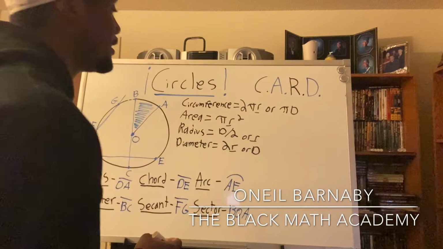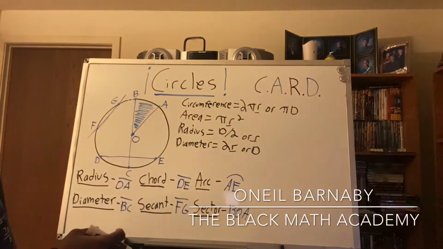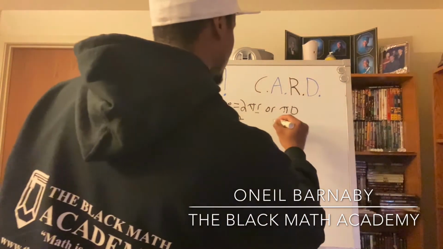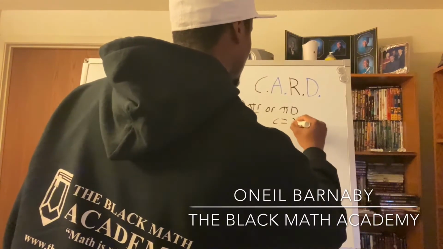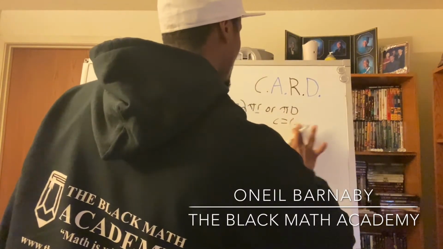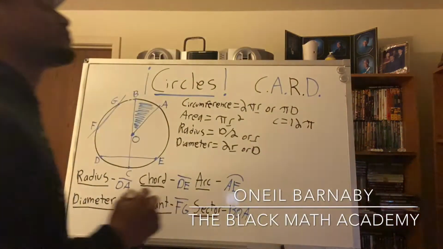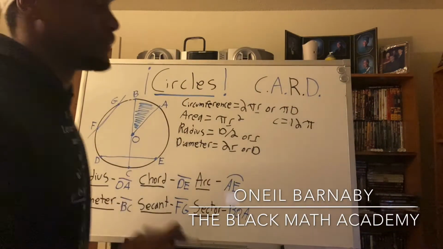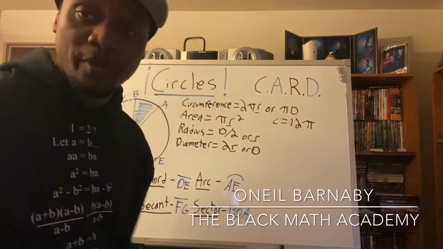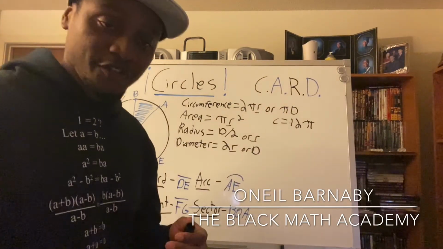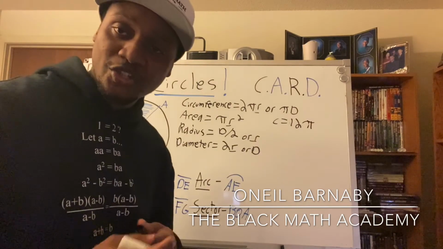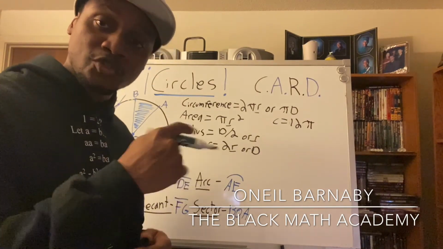Let's say this particular circle, let's say its circumference is equal to 12 pi. Okay. Actually, let me talk about pi for a moment. Pi, its definition is the ratio of the circumference of a circle to its diameter.